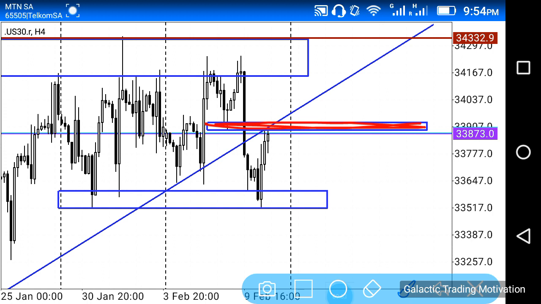Number one, actually we have a couple of reasons for why we should be selling at this point. Number one, we have this M structure, which has a neckline at that point, right? Number two, the neckline has been broken to the bottom side, right? Number three, price came back to the neckline to test it, and at this point is where we should be looking for potential selling opportunities.